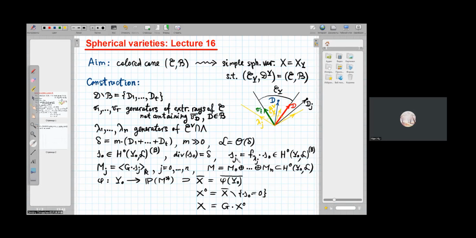You obtain regular sections. For this purpose, M is taken sufficiently big. And so we also get B semi-invariant regular sections of the same line bundle L, denoted by Sj.